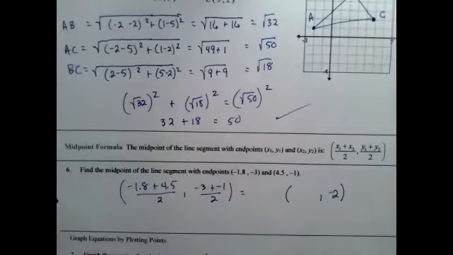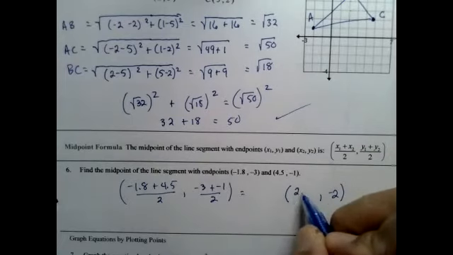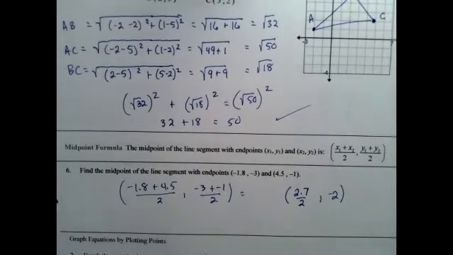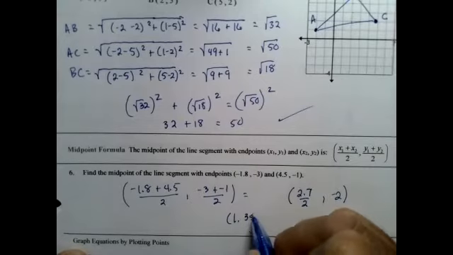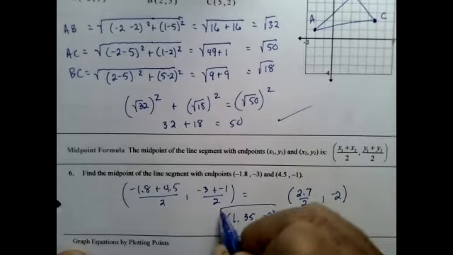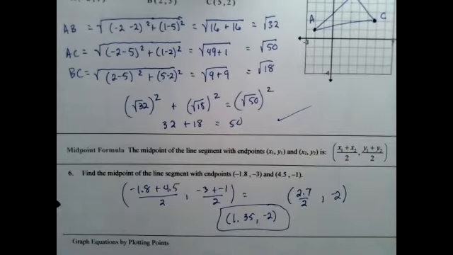Second number is -2. This guy becomes 2.7 over 2. If I cut that in half, I get 1.35, comma, -2. Final answer.